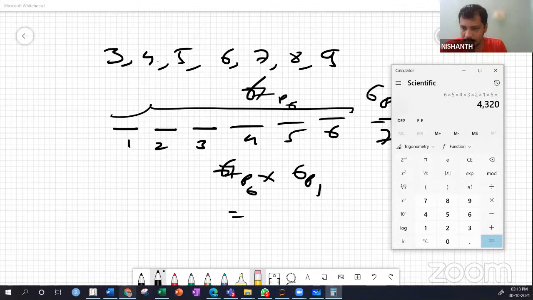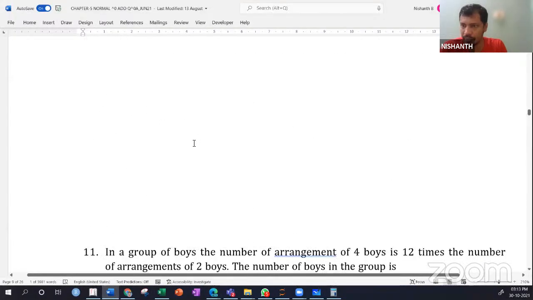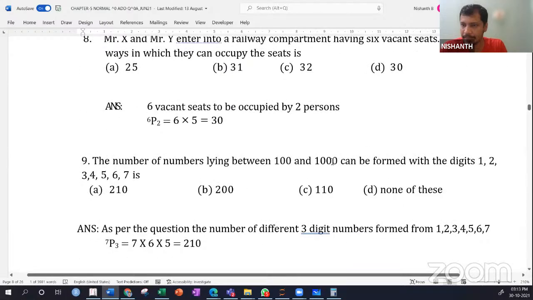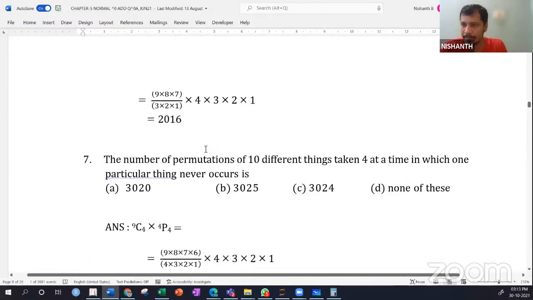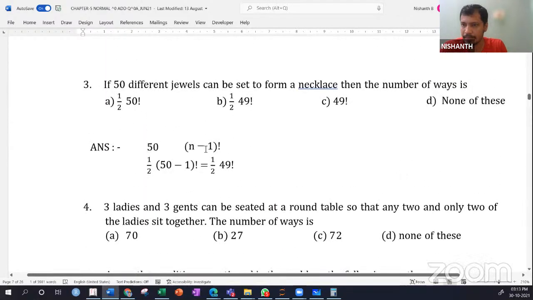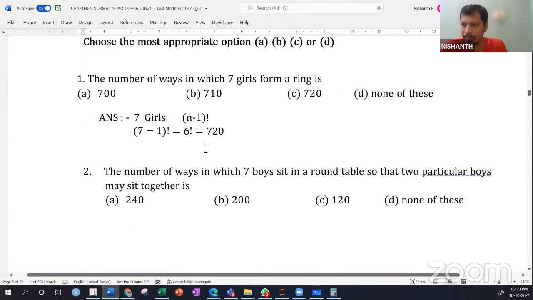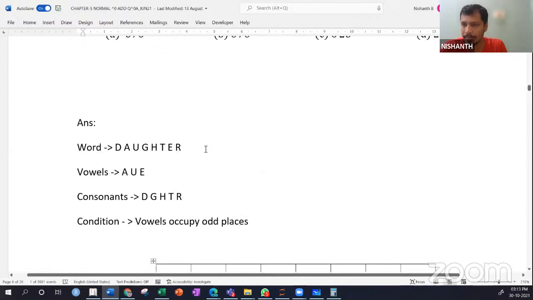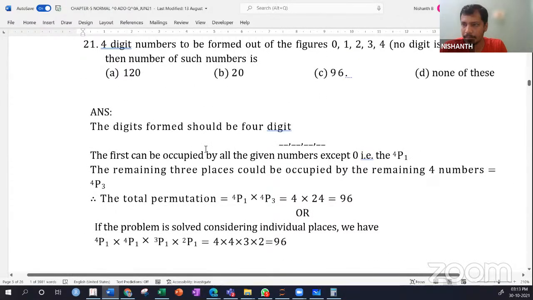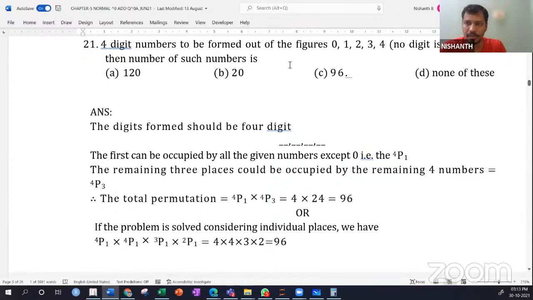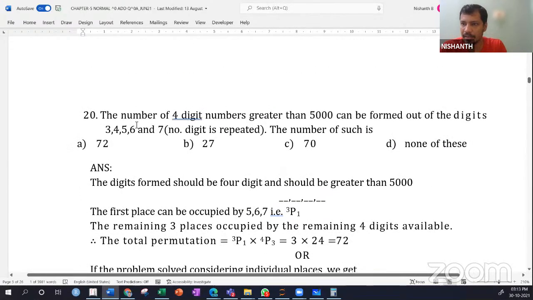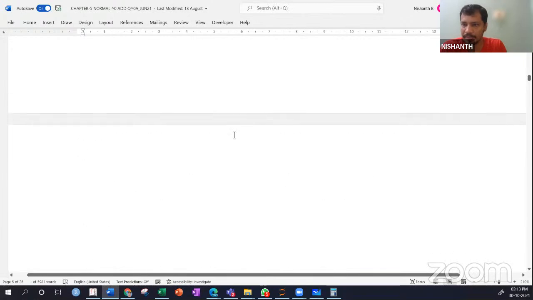So I'll show you the kind of problems which you've done. This was very similar. 4 digits being formed, none of them being repeated, and this is also very similar.